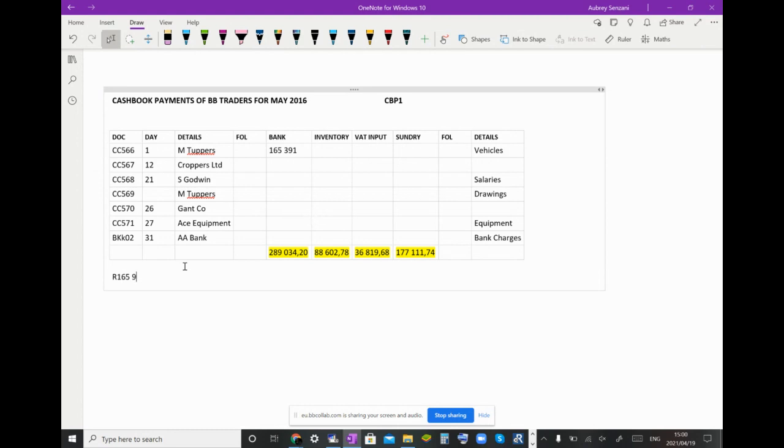Okay? So then we say 165,391. We remove that all. Now we want to calculate the VAT, so 15 divided by 115. Okay, here we go.